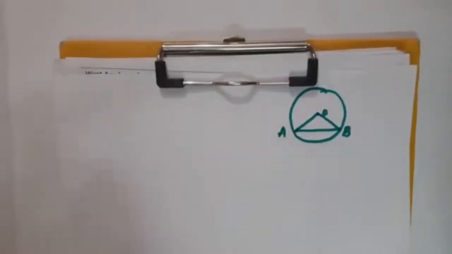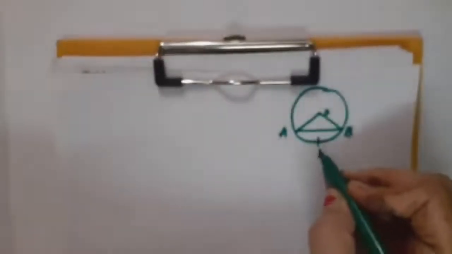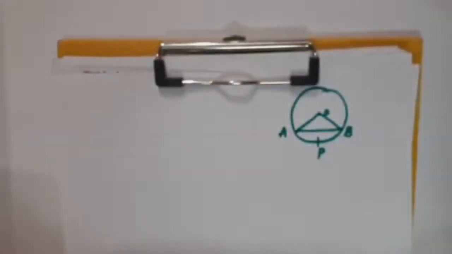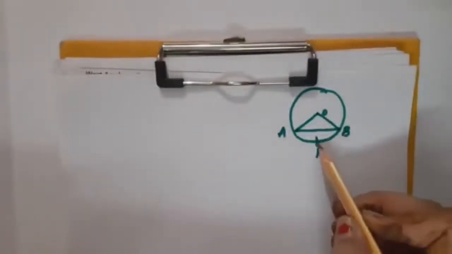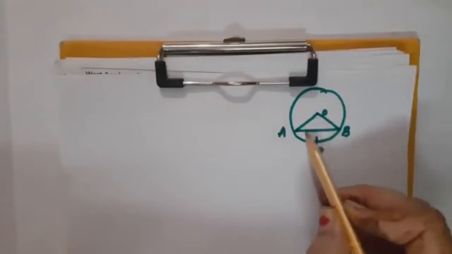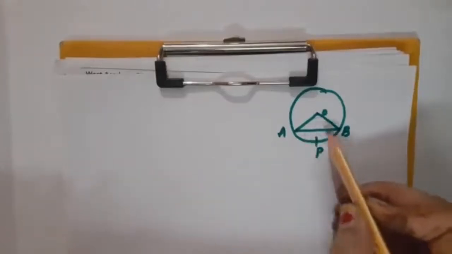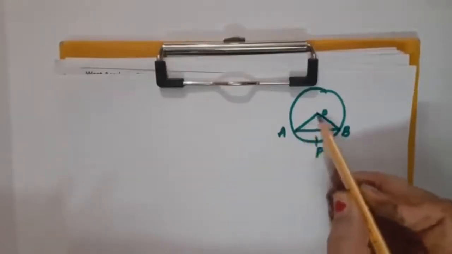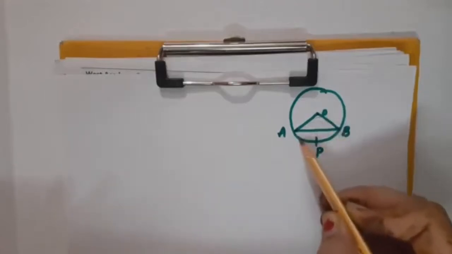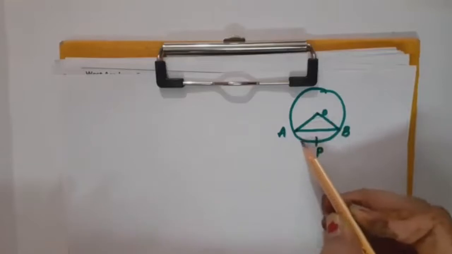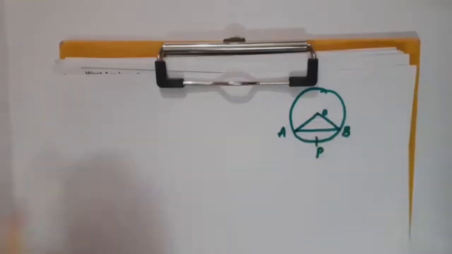Okay, children, here if I give the name point P, then this complete region AOBPA is a sector. Because this is the region which is bounded by two radii, that is OA and OB, and the minor arc, that is APB. Correct, children?